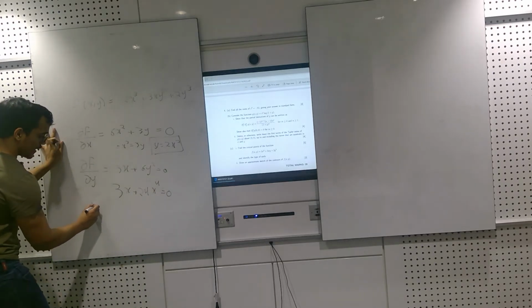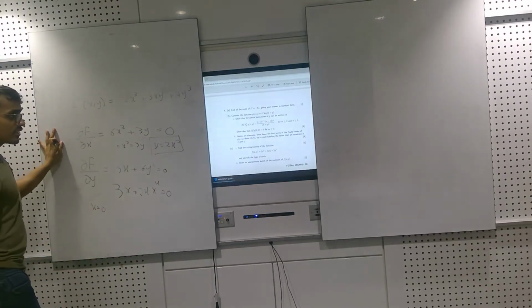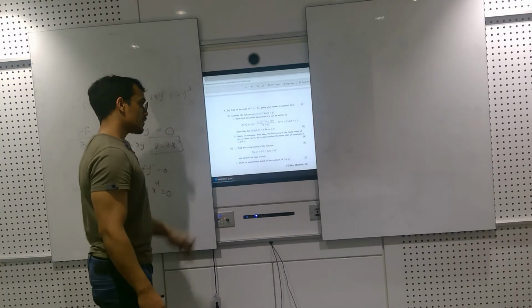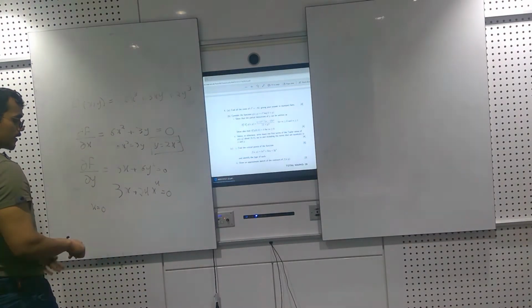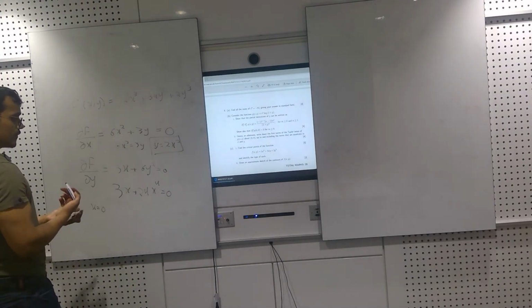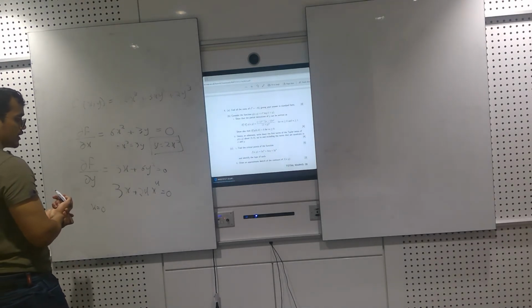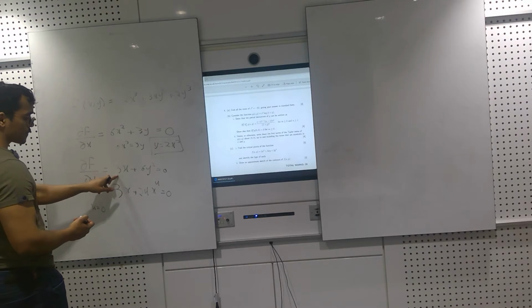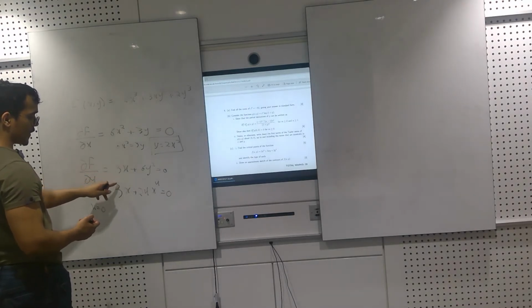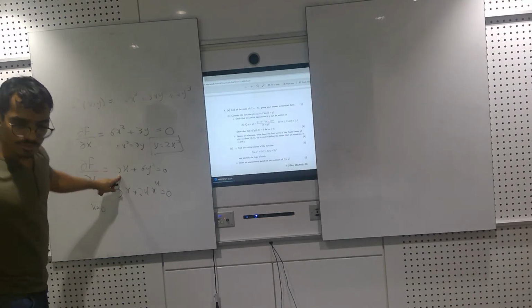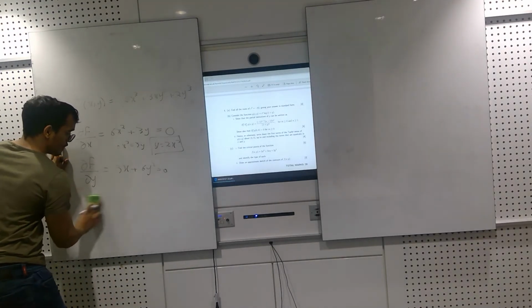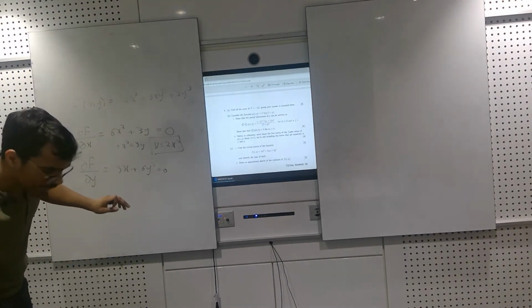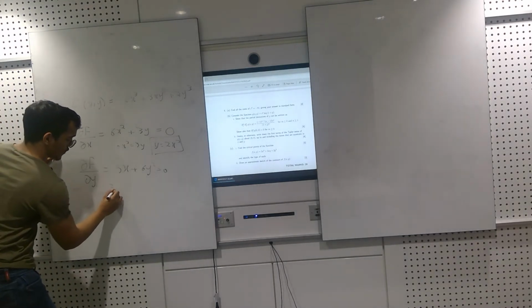This means either x equal to 0. Since this function is a real function, we don't have to worry about the complex values. So it's either x equal to 0, or a better way is actually to factor. The better way is starting from this one. You factor 3 as a common factor here.